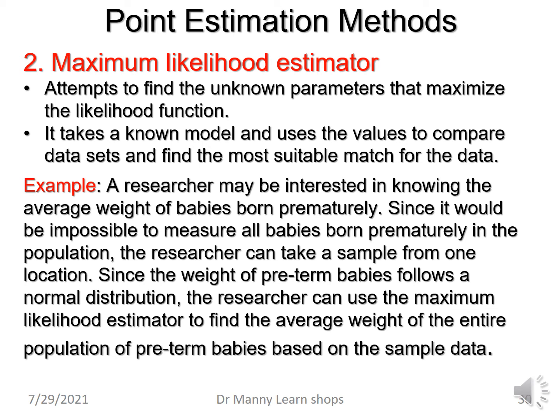Since it would be impossible to measure all the babies born prematurely in a population, the researcher can take a sample from one location. Since the weight of preterm babies follows a normal distribution, the researcher can use the maximum likelihood estimator to find the average weight of an entire population of preterm babies based on the sample data.